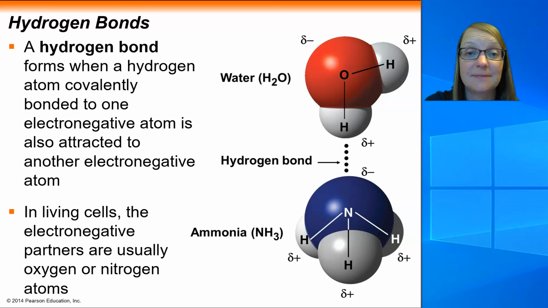I'll give you a hint. An easy way to identify the 3 different kinds of chemical bonds that we've talked about so far in a drawing in your textbook or on the slides: covalent bonds are drawn as a solid line. So in the molecule of water or in the molecule of ammonia, the nitrogen and the hydrogen, or the oxygen and hydrogen, are bonded to each other using those covalent bonds, solid line.